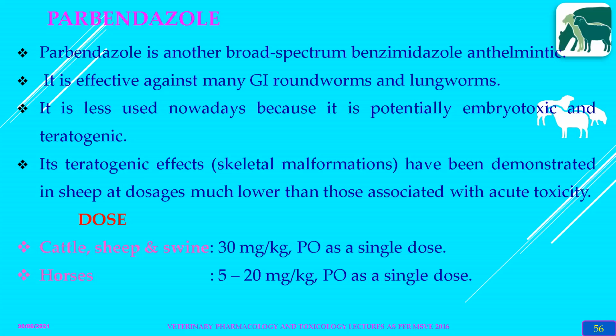Its teratogenic effects, especially skeletal malformations, have been demonstrated in sheep at dosages much lower than the dose associated with acute toxicity. So you need to remember the names of the drugs which cause toxicities, especially the teratogenic effect and also the embryotoxic effect. The dose is mentioned below.